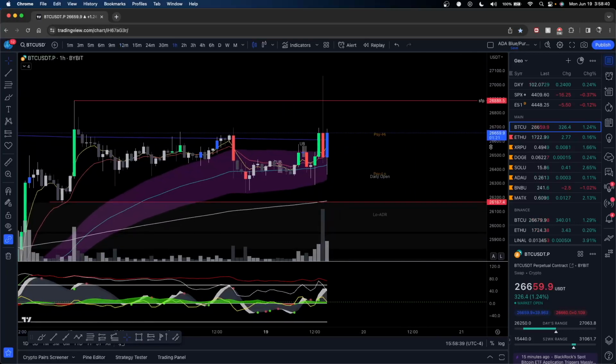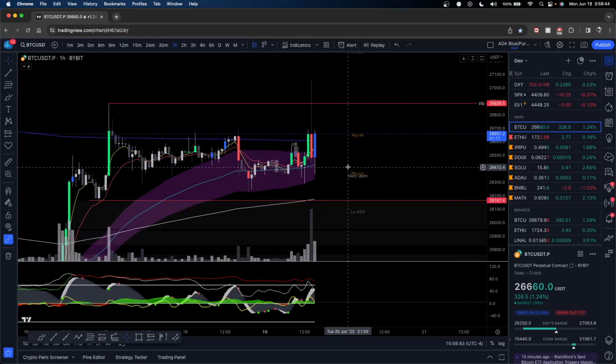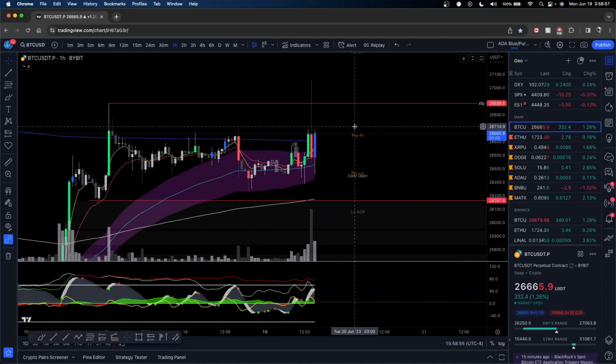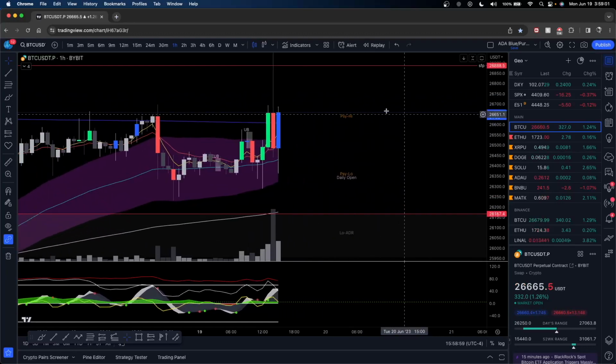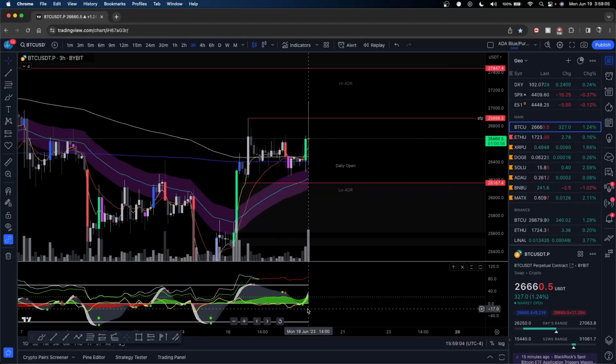But I think, you know what, man? Theory says as long as your price is above the 50 EMA on the 1 hour time frame, you should be favoring higher prices. And the 3 hour does not look bearish to me.